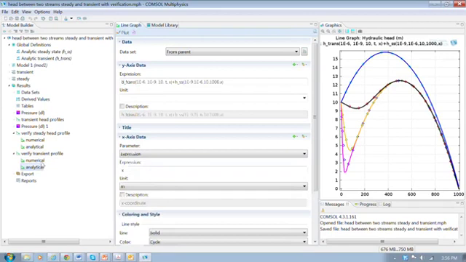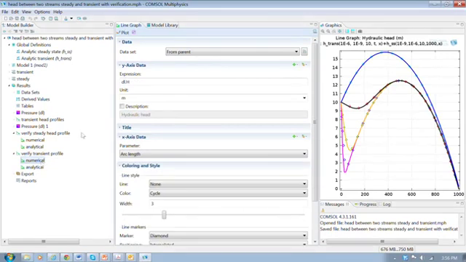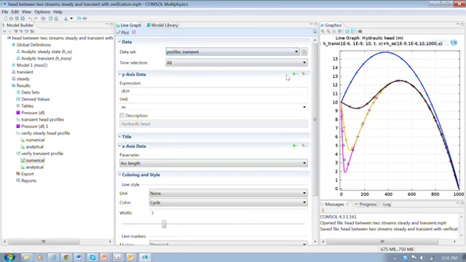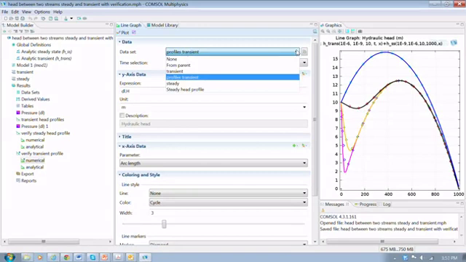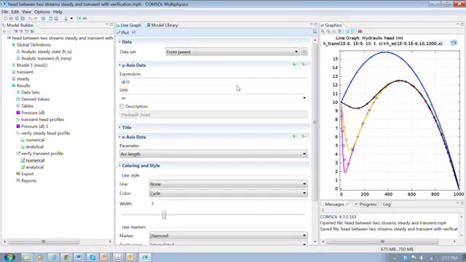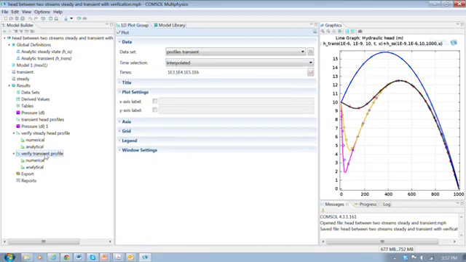If I set it up so that I use profiles transient here and times, I would have to make sure that these times that I specified here were the same for the numerical and analytical. And that could be done, but by using this parent-daughter relationship between the plots, it's possible to coordinate that in a much easier way. Okay, so that's one thing.